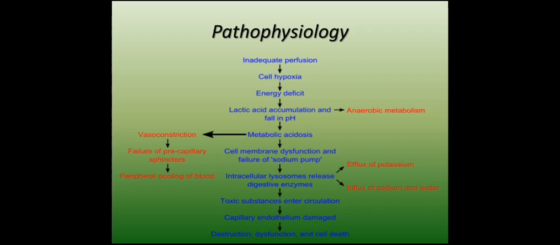Lactic acid accumulation means it is anaerobic metabolism, and the fall in pH leads to metabolic acidosis. Cell membrane dysfunction and failure of the sodium pump happen, and intracellular lysosomes and digestive enzymes are released, which leads to toxic substances entering the circulation, and capillary endothelium damage, dysfunction, and cell death happen finally.